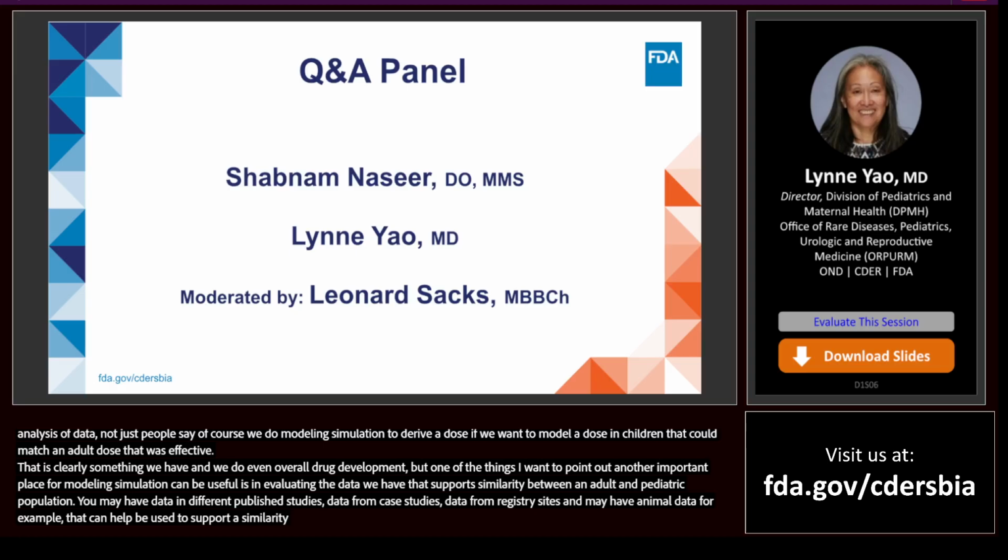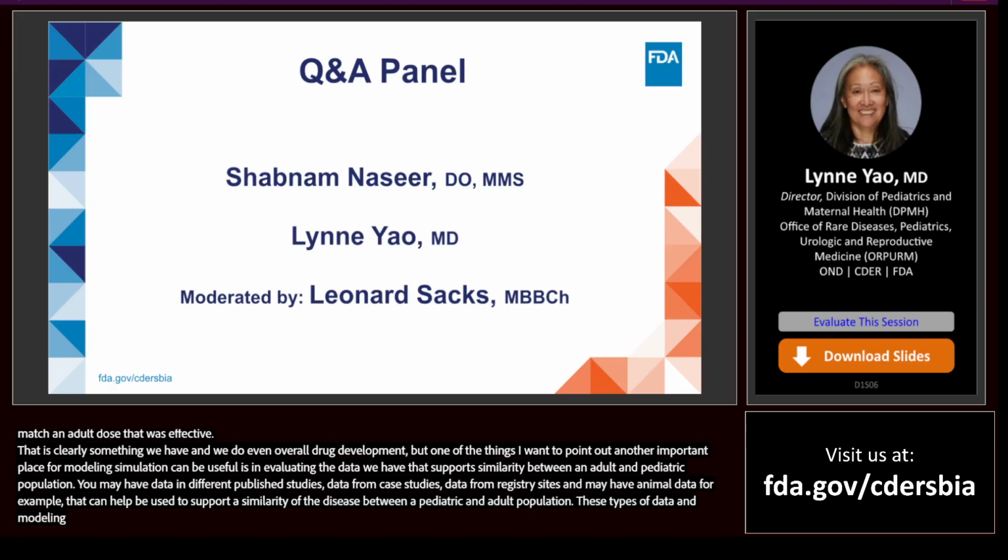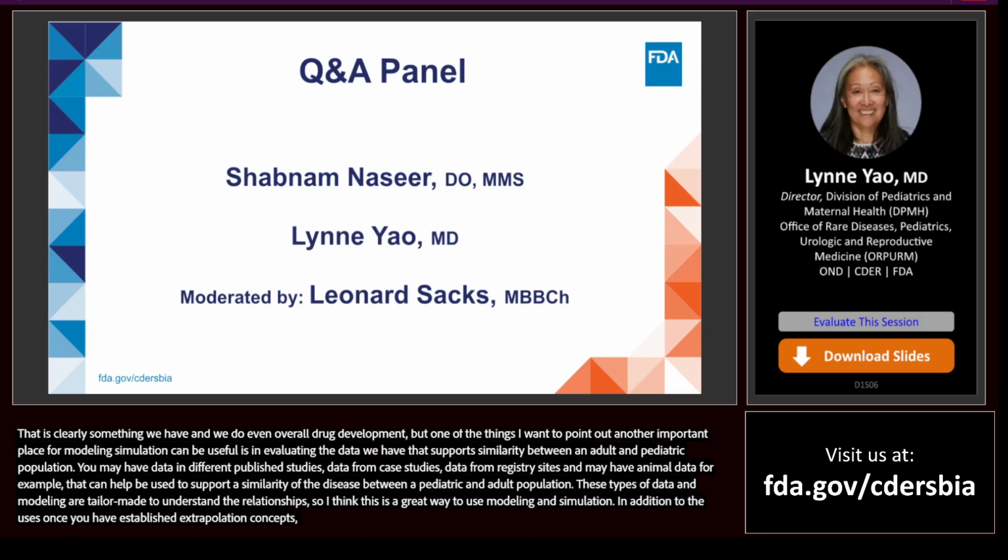Well, these types of data and using modeling are tailor-made to understand the relationships. So I think this is a great way to use modeling and simulation, in addition to the uses once you have established an extrapolation concept and want to figure out dosing, etc., as part of a plan. I'm sorry, I'm losing my voice, but thank you.